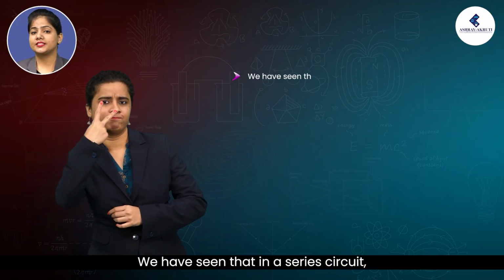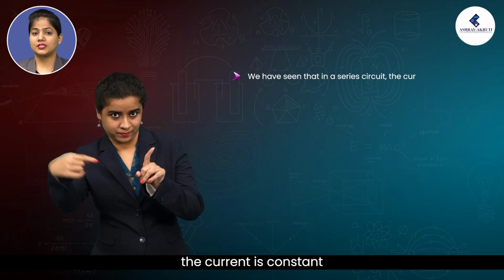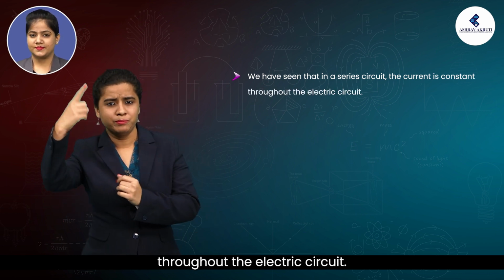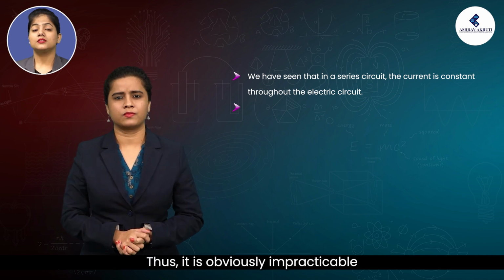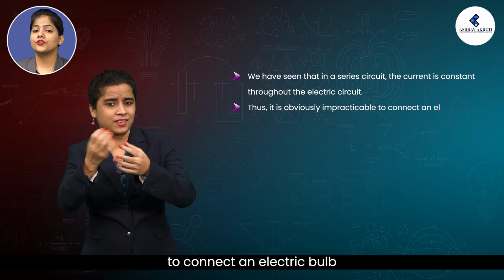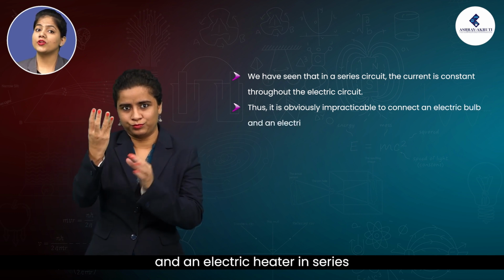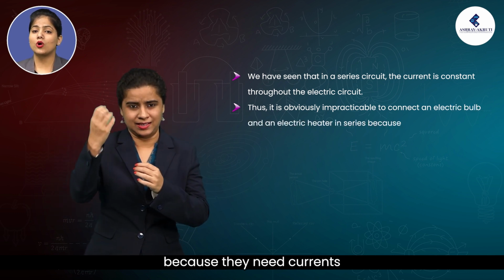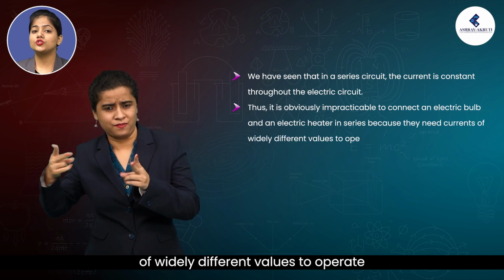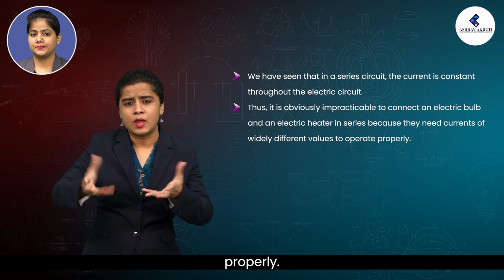We have seen that in a series circuit, the current is constant throughout the electric circuit. Thus, it is obviously impracticable to connect an electric bulb and an electric heater in series because they need currents of widely different values to operate properly.